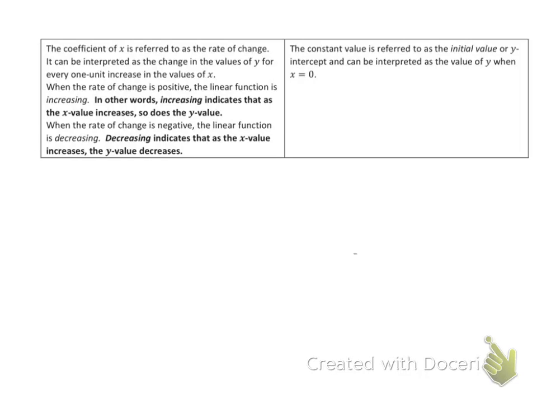The coefficient of x is referred to as the rate of change. And so remember when we were talking about y equals mx plus b, m was the coefficient of x, and it's the rate of change.